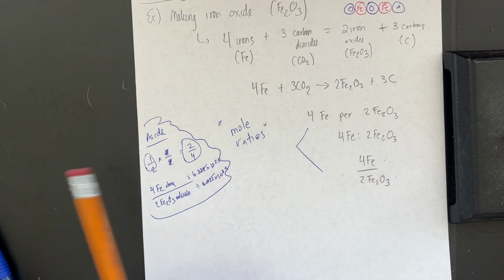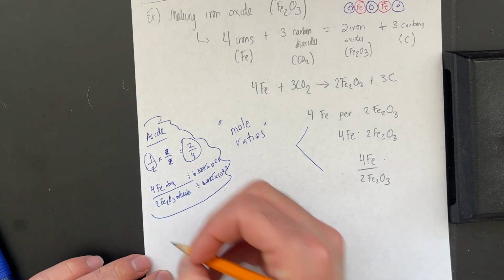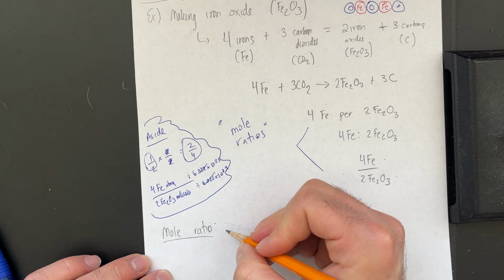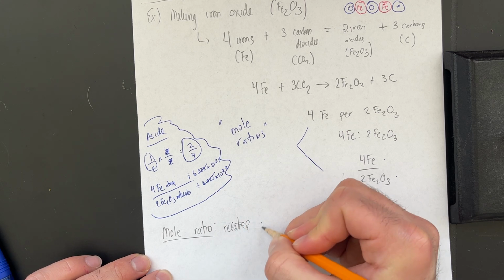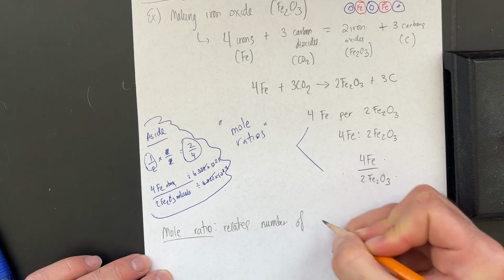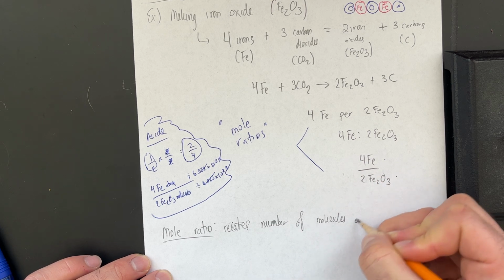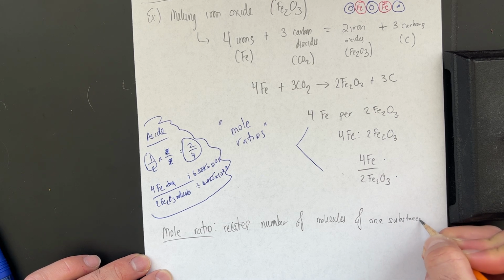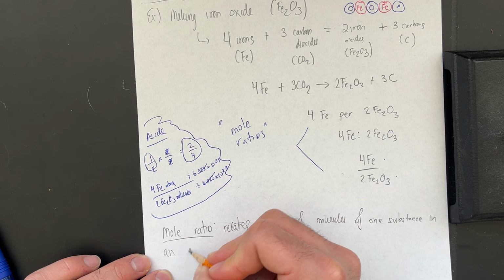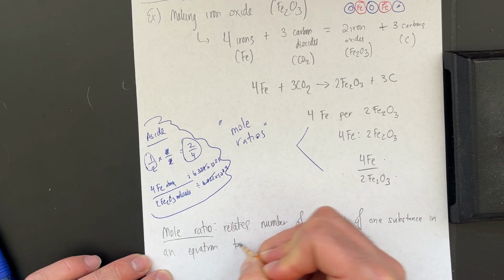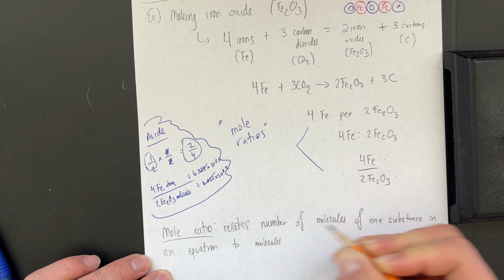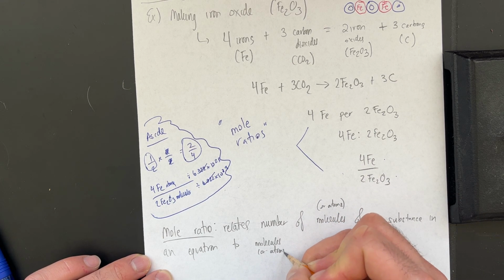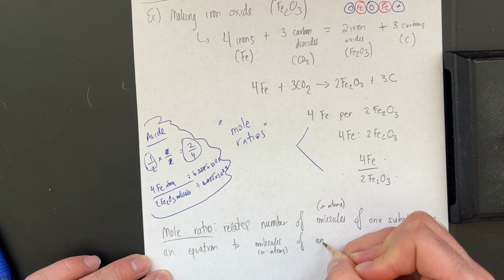So anyways, if you really don't care about that, just go with this definition. What the mole ratio is: it relates the number of molecules or atoms of one substance in an equation to molecules or atoms of another substance.